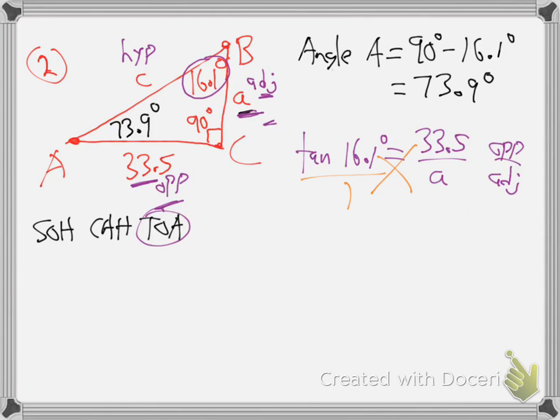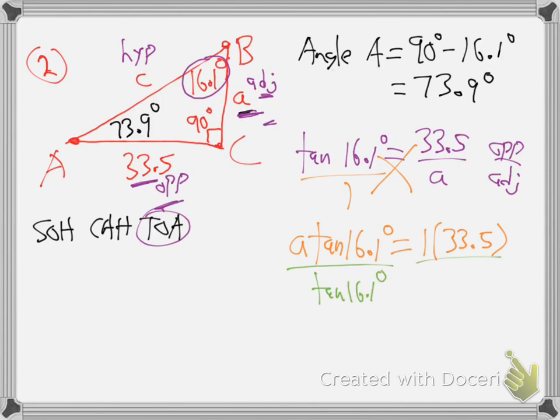That's how we always handle that. Cross multiply when we have a fraction on each side. So little a tangent 16.1 is 1 times 33.5. And the little a is saying I want to be alone. So what do we do to get that little a alone? Divide, yeah. Divide by the tangent of 16.1 degrees.